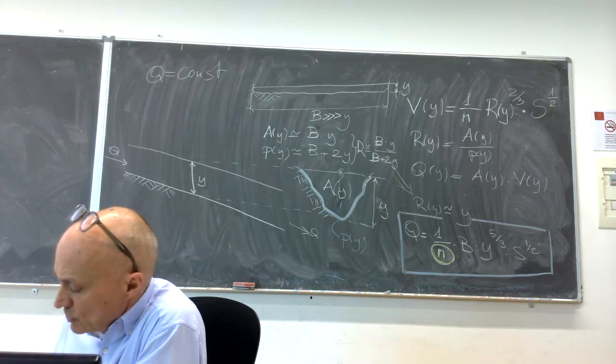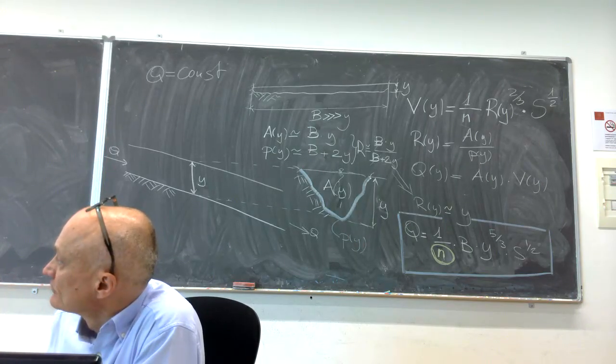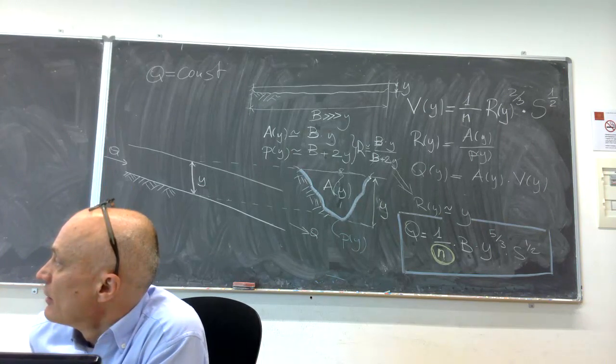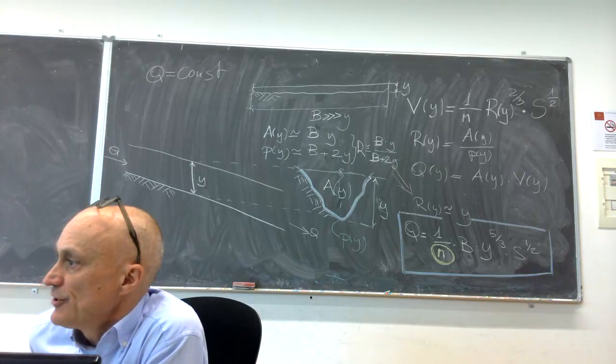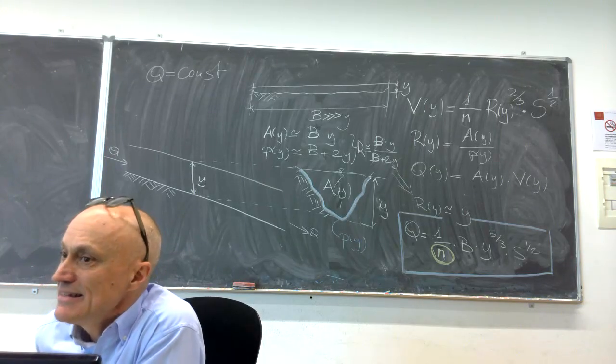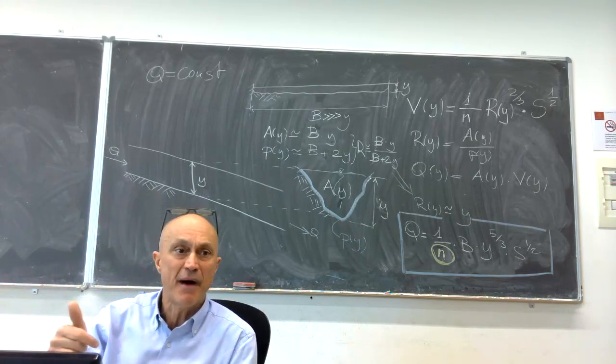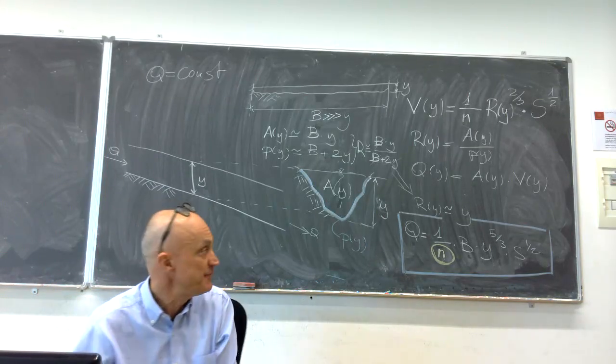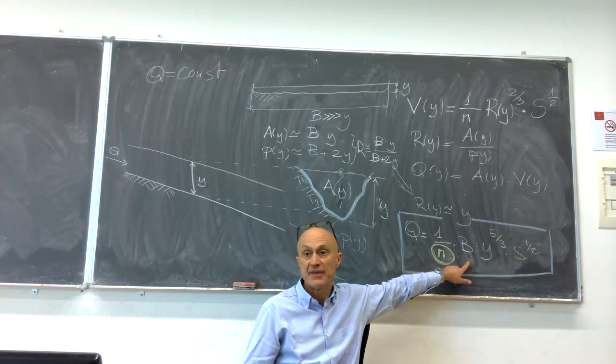This is how impactful the water depth is, because we have to keep in mind that the water depth is raised to the power of 5/3. So an increase in water depth has a very, very high impact on the discharge.